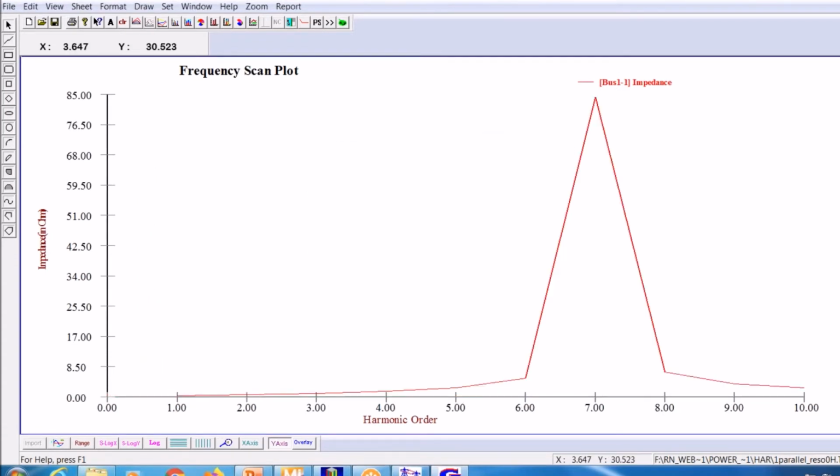You look at the frequency scan now. At the seventh harmonic, the impedance is maximum.